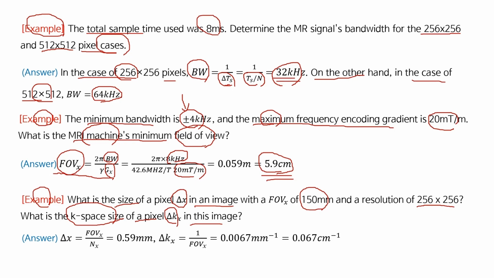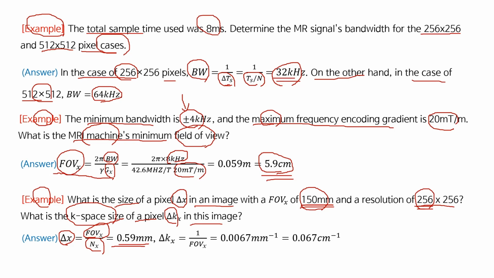FOV is given 150 millimeter, and the resolution is given 256. So the pixel size in the image is given by FOVX divided by NX. So we can get pixel size 0.59 millimeter.